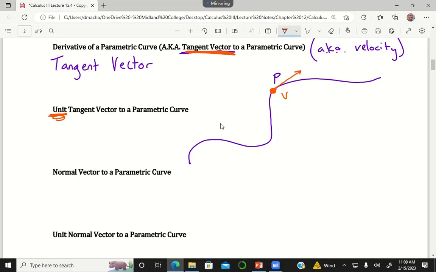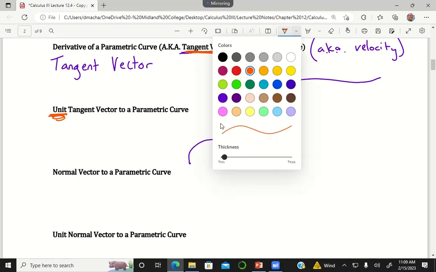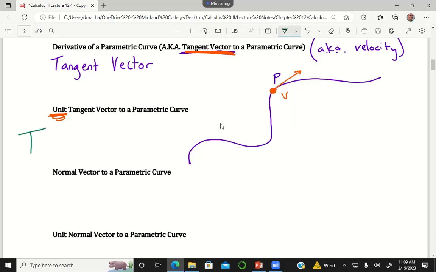One thing we're going to talk about today is the unit tangent vector. So the unit tangent vector, we're going to call that capital T. So lowercase t is time. Capital T is referring to the unit tangent vector.